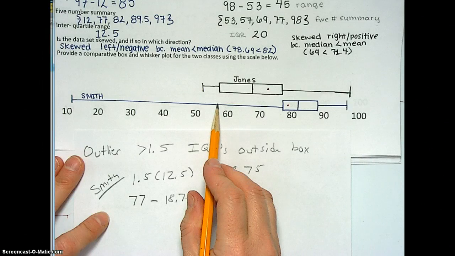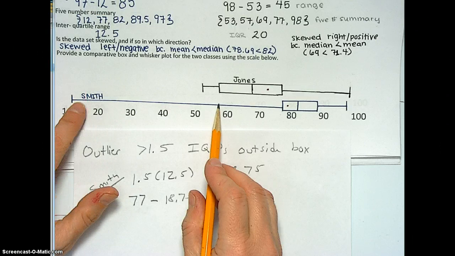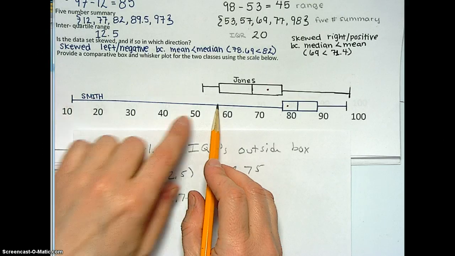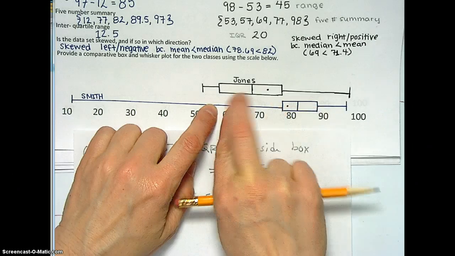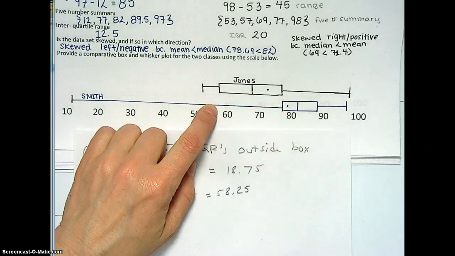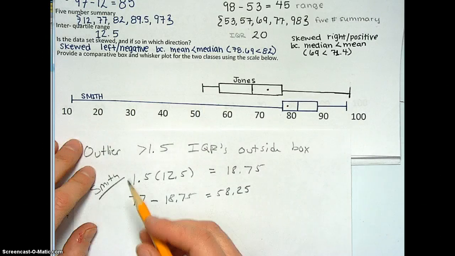And clearly this 12 is way outside of that range, okay? And you can tell because of the scale used here that that really does look like 1.5 times the size of the box. So the 12 is definitely less than the 58.25.